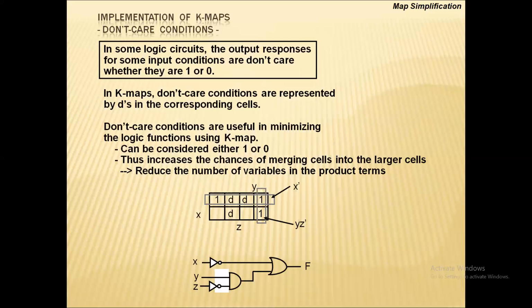So 13, 14, 15 for XS3 are don't care conditions. Now what do we do with all these d's? If you require the d in a cell for simplifying, like you can see here, if I take this d, I can form a quad over here.